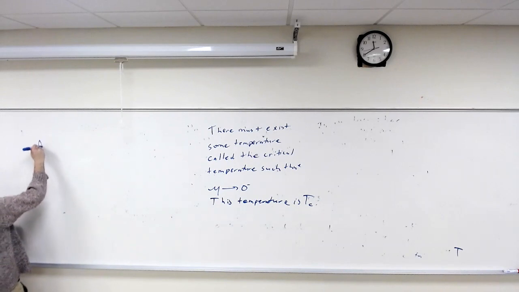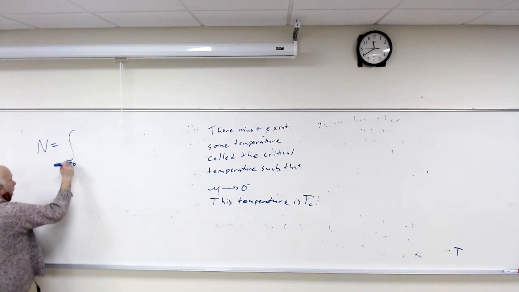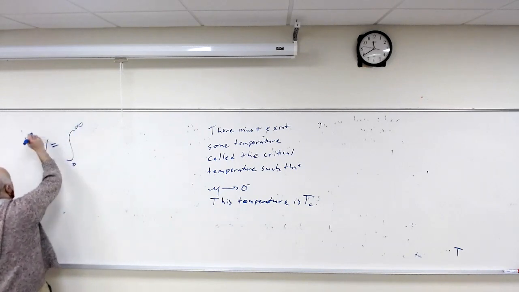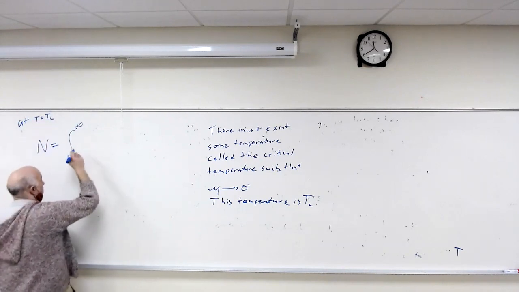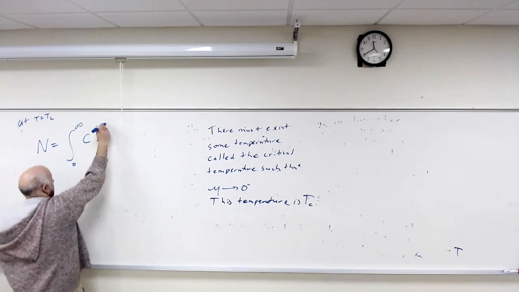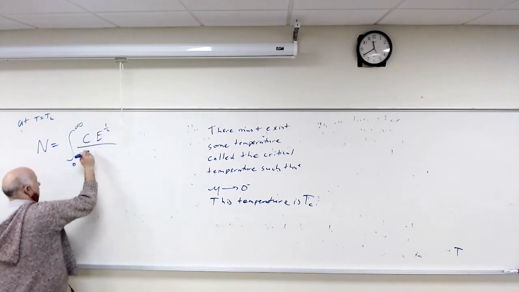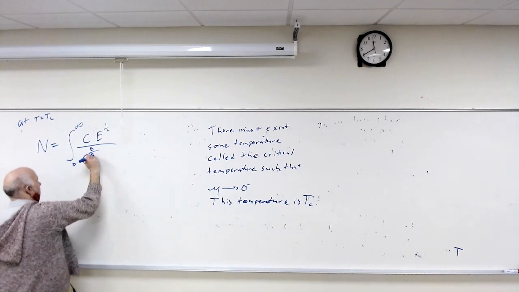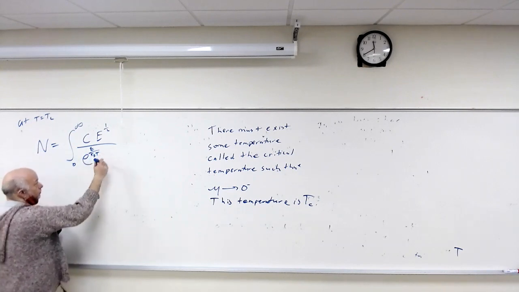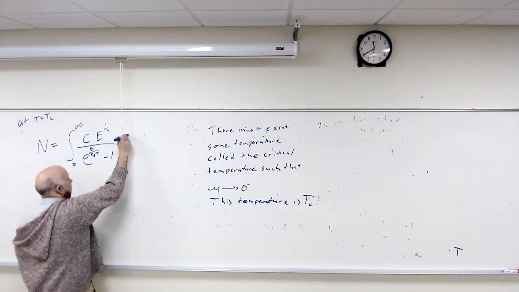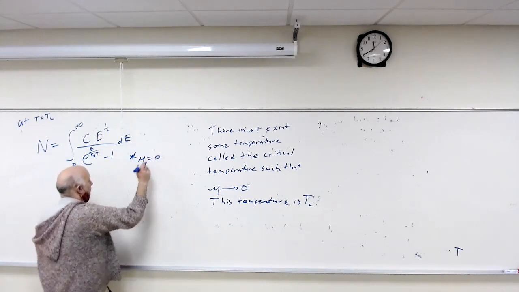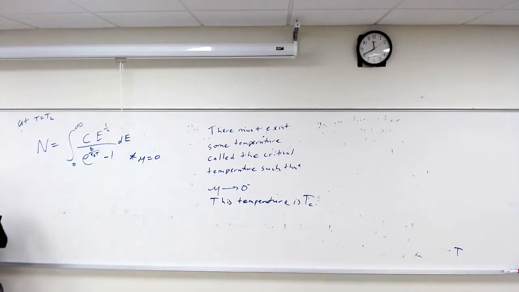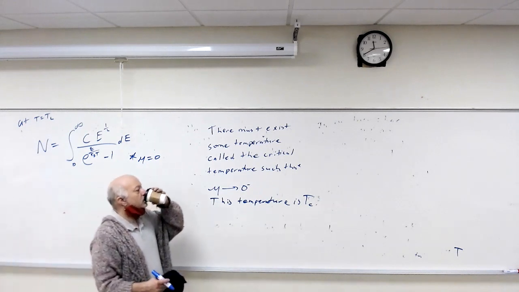Let's actually calculate this. So we have this guy here, at T equals Tc. This value here is going to be the C integral of e to the 1/2 over e to the e over kT, and mu is now 0. So I set mu equal to 0. Hey, you tell me how to solve that integral.